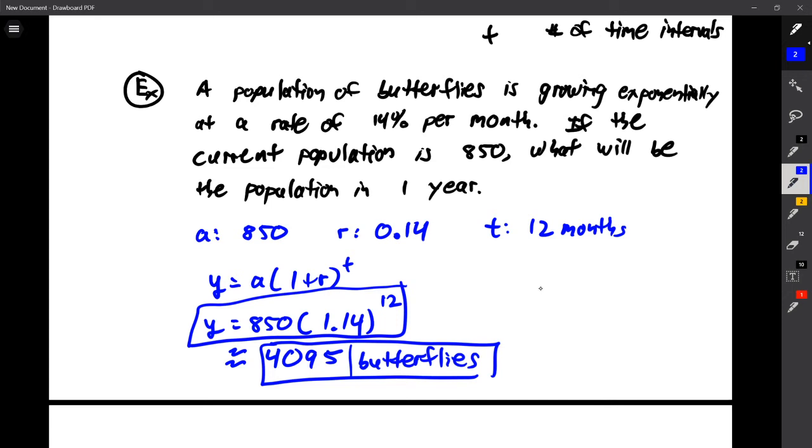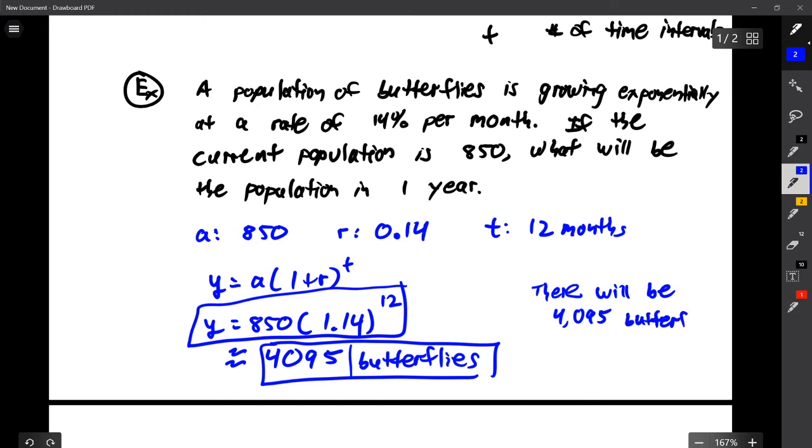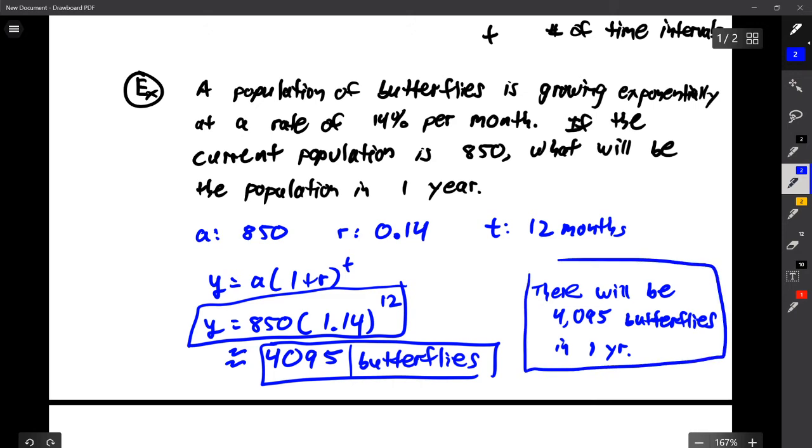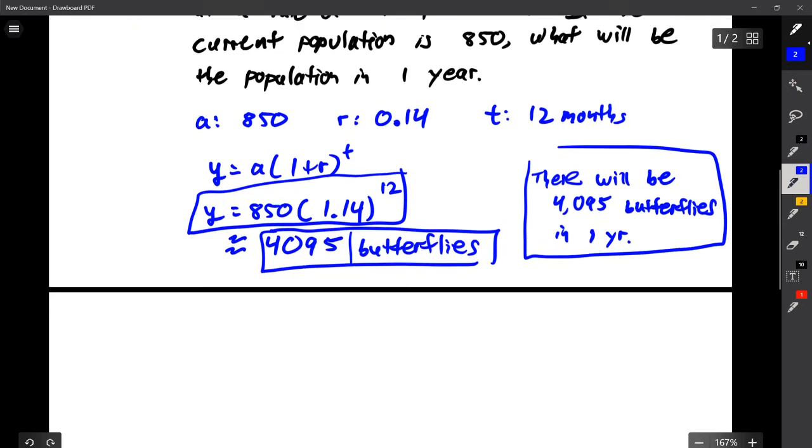So it'd be something like, there will be 4,095 butterflies in 1 year. That would be writing it as a sentence. Okay? Hopefully that makes sense.